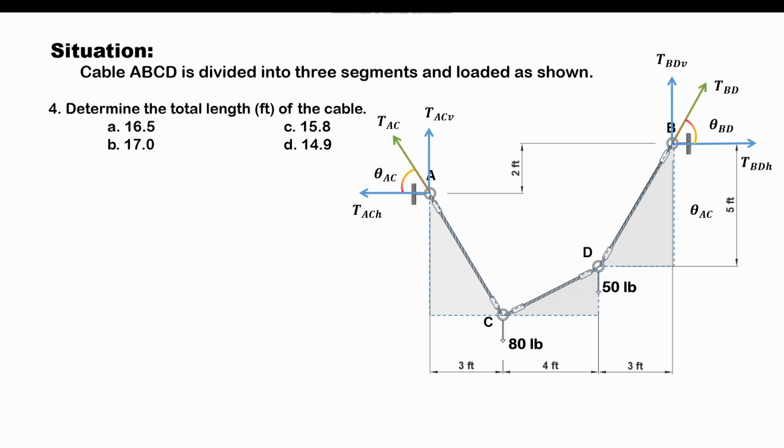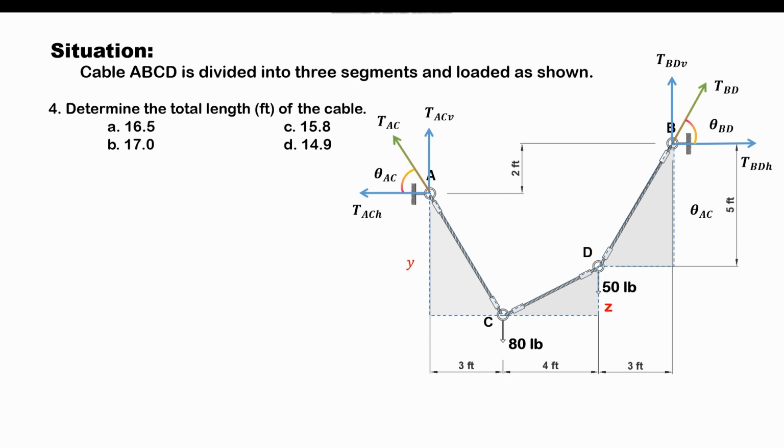So if we can compute those sides and add them up, the result would be the total length of the cable. First, may I denote this side of this triangle to be Y and this side of this triangle to be Z.